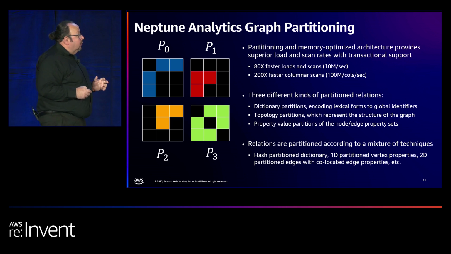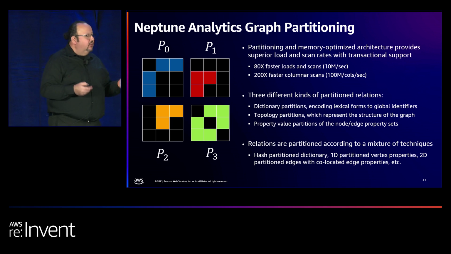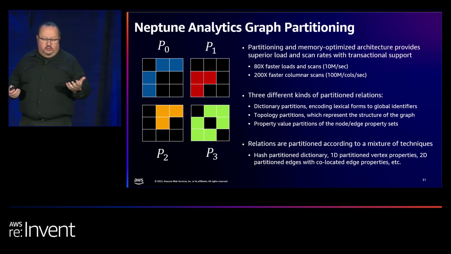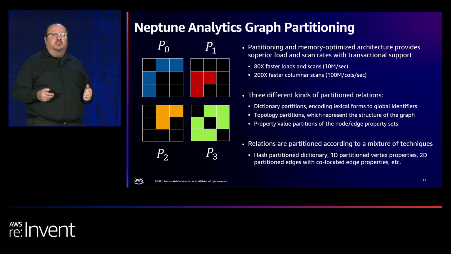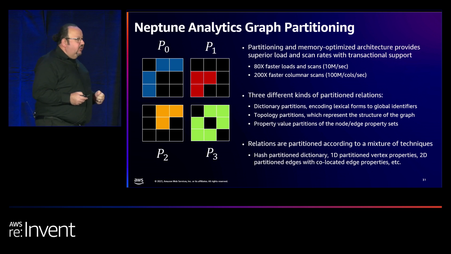So we use 3 different kinds of partitioning schemes for 3 different types of data we have in our database. The first one is the dictionary. The dictionary helps us to encode lexical forms to identifiers that we can internally use. The second is the topology of the graph. That's basically the structure of the graph, the actual relations itself.